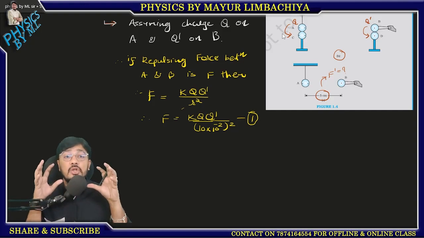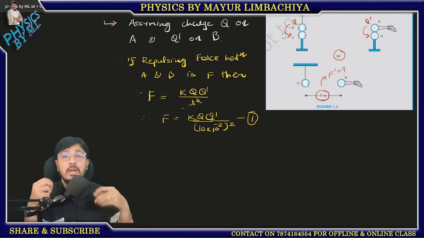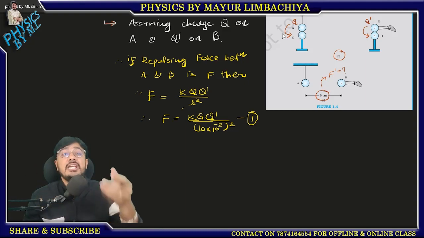Because the dimensions of the spheres are the same, as well as the material which these two spheres are made of. So if material is the same and dimension is the same, then the charge will divide equally.